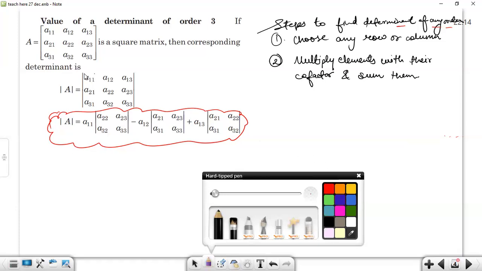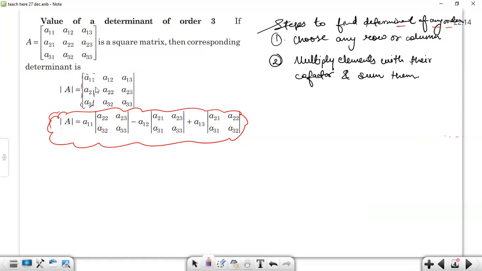Let's say we are going with the first column. So the determinant A is the first element into its cofactor. Now A11, 1 plus 1, so it will have a positive sign only. Now the determinant of the remaining elements.